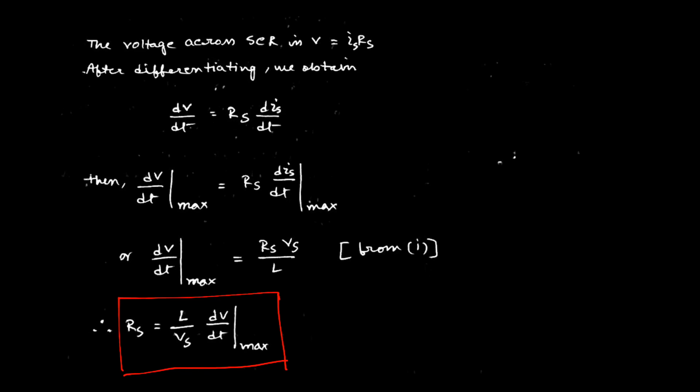Okay, so this is the value of the snubber resistance. The next part is overvoltage protection.